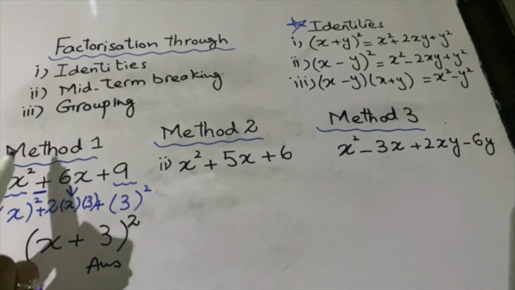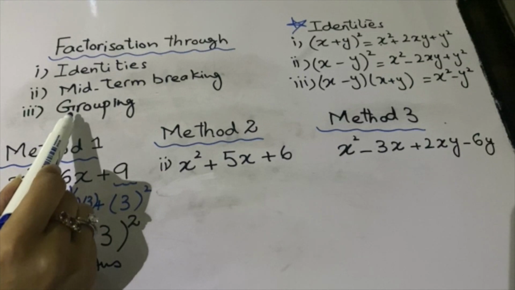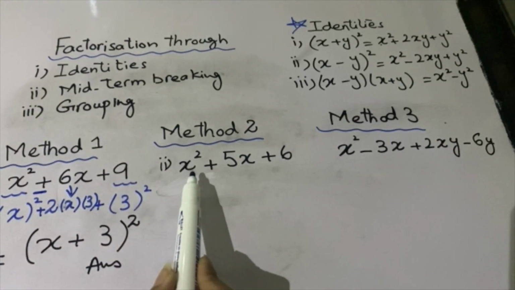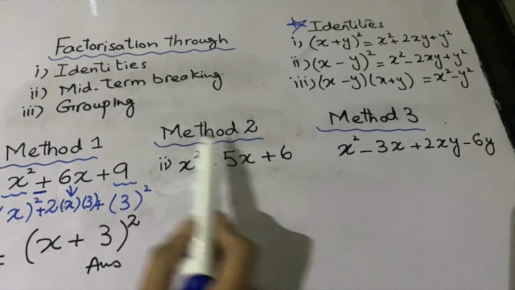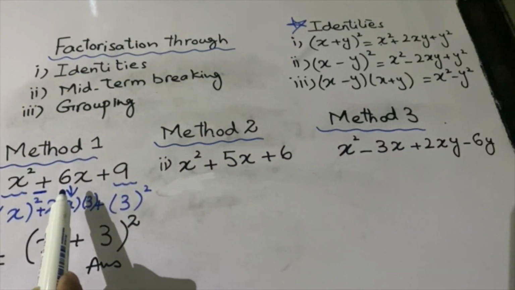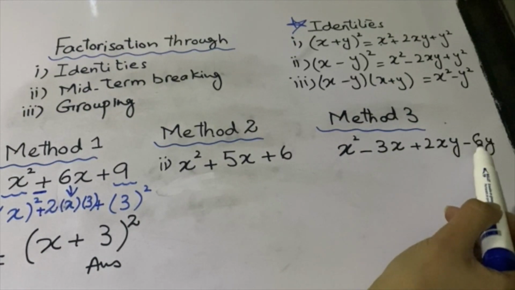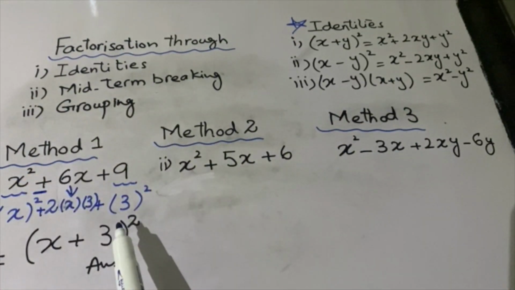The grouping method is applied when you are given 4 terms in the expression. Here, if you see 1, 2, 3, there are 3 terms. So you cannot apply grouping. You have to solve it with middle term breaking. If you see the number of terms in the other question, 1, 2, 3, 4, there are 4 terms. So there you will apply grouping.